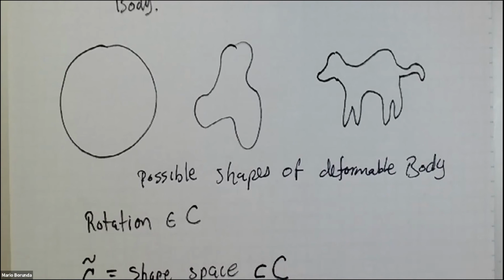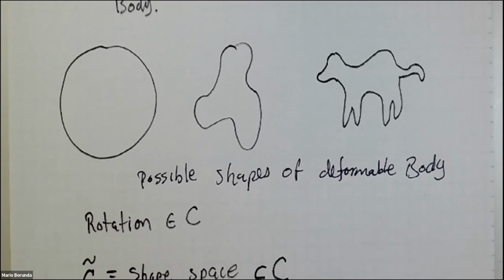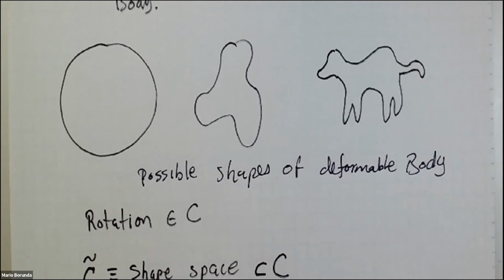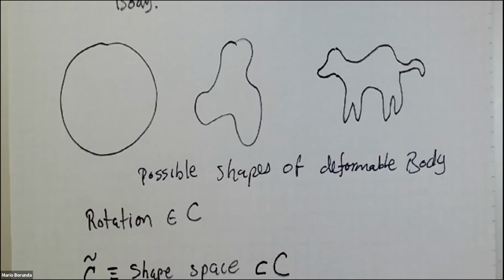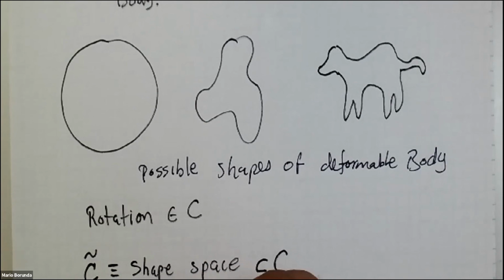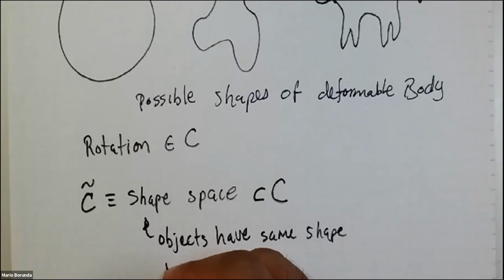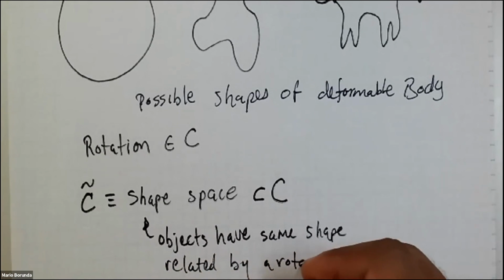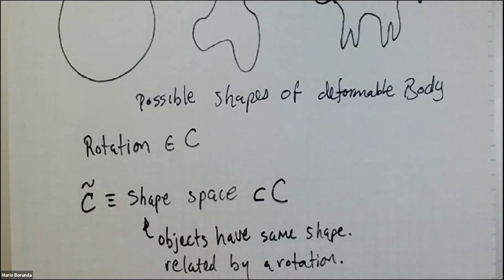Any one that is in C tilde is also in C. And any configuration in C that is related to another configuration by just a rotation is in this shape space. So they kept their shape. Two objects have the same shape, and they're related by a rotation. You change the orientation of something, and they would be described by this.